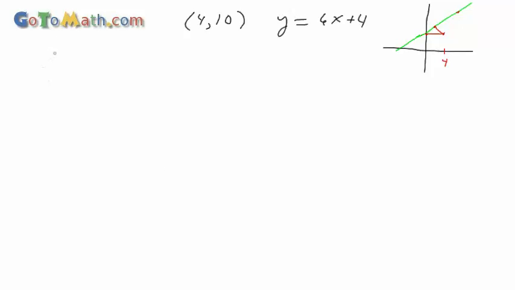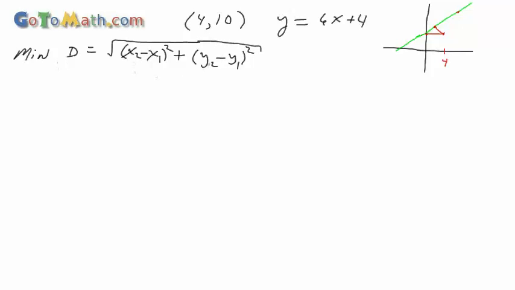So we're trying to minimize distance. In other words, we're going to need the distance formula, right? If you had forgotten the distance formula, I'm going to write it up here: the square root of x2 minus x1 quantity squared plus y2 minus y1 quantity squared.